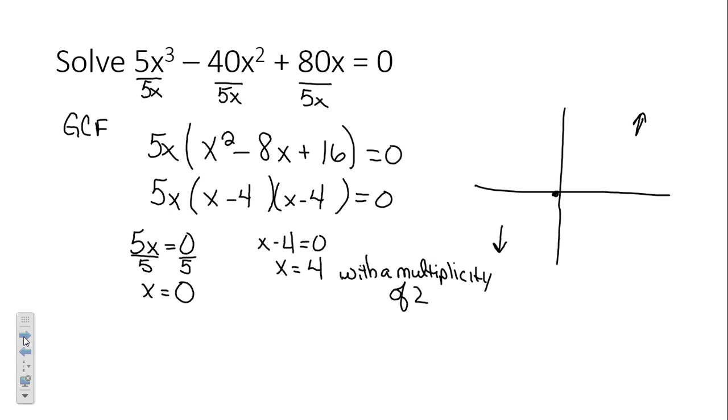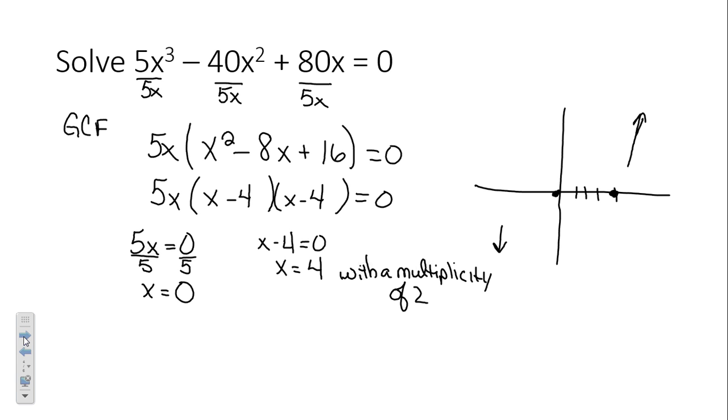So we have a dot here, one here, and where's it going to kiss the graph? At 4.